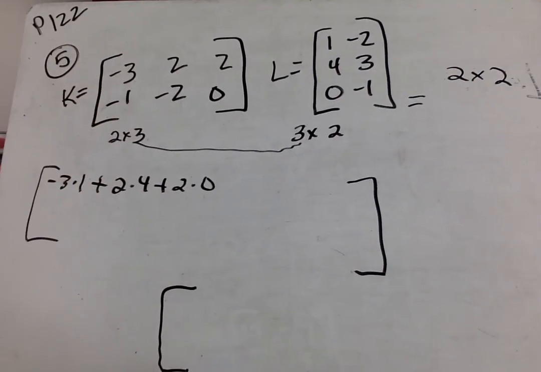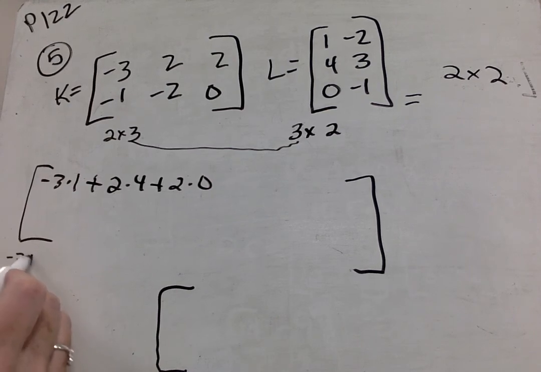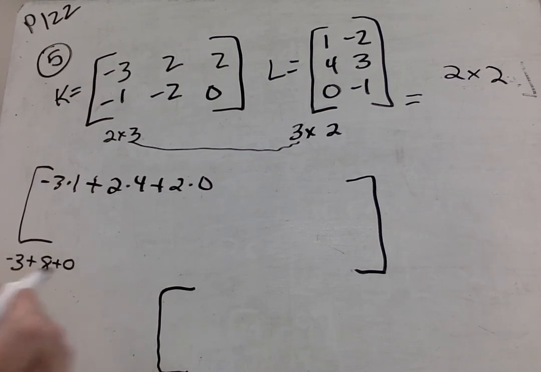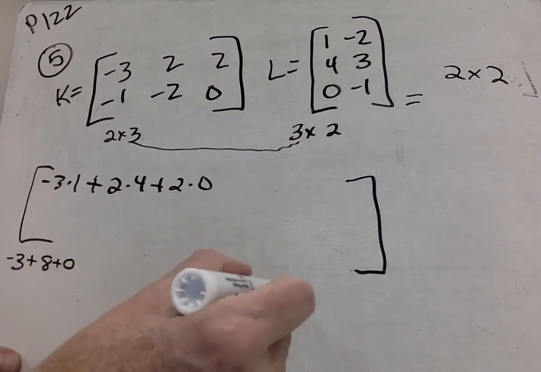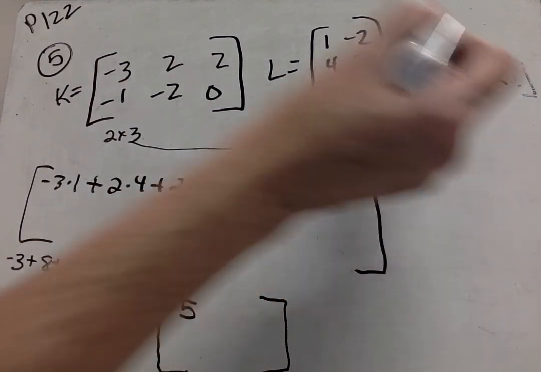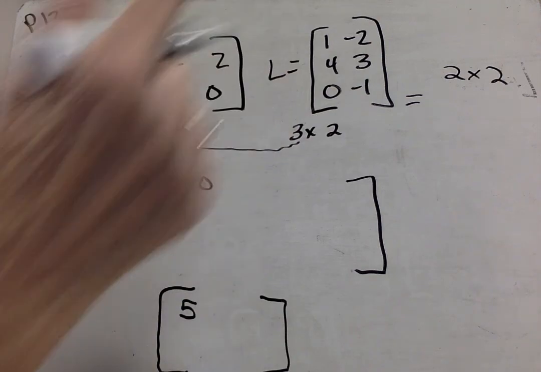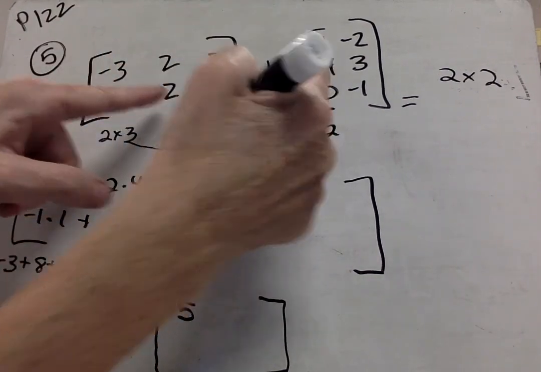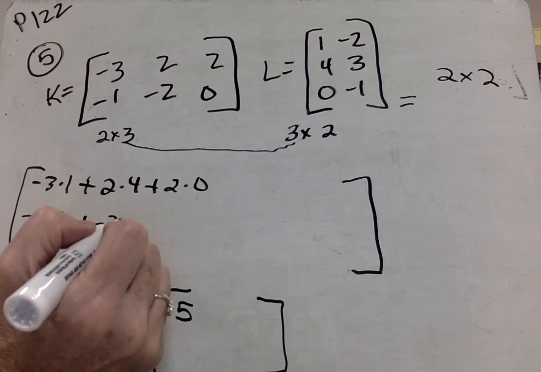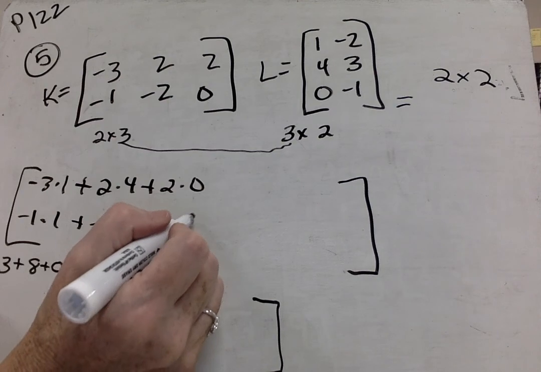Not sure you guys can see over there. So over here, I could go -3 plus 8 plus 0. So when we do all that, it's going to be a 5. Because again, we should end up with a 2 by 2. Okay? So next, we're going to go -1 times 1 plus -2 times 4 plus 0 times 0.